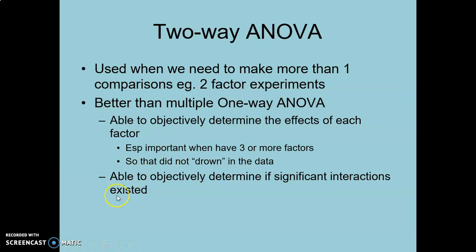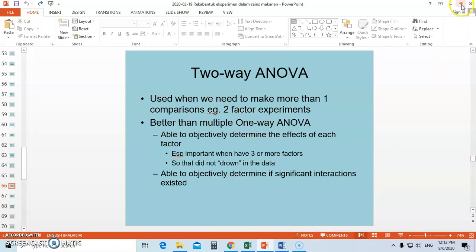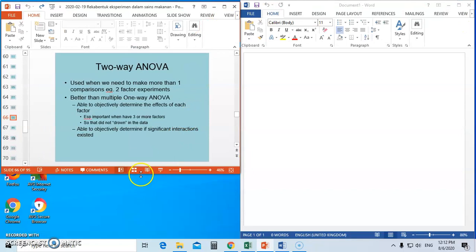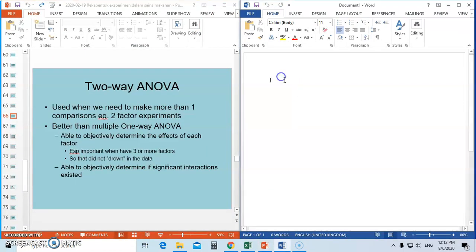So for a two-way ANOVA, if you are dealing with more than one factor, then it is advisable to use a two-way ANOVA. To use a two-way ANOVA, the hypothesis is slightly different. For example, in a one-way ANOVA, the hypothesis is like this.